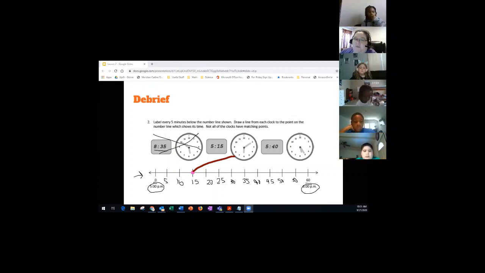So I'm going to find 5:40 on this number line. Looks like it's right here because it's between 5 p.m. and 6 p.m. And I'm going to draw me a line from this clock. Oh, wait. I'm losing my mind.